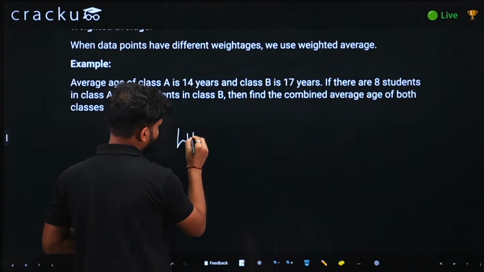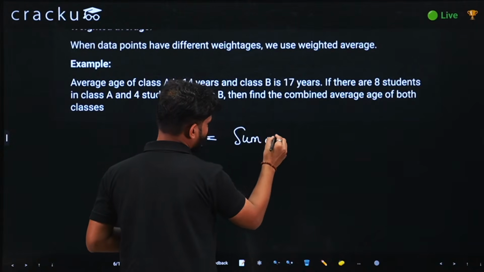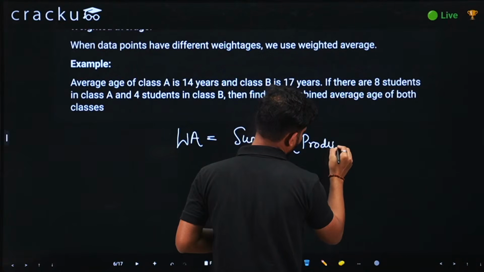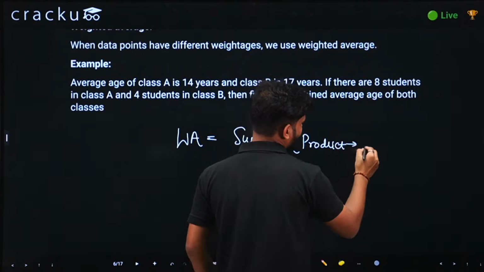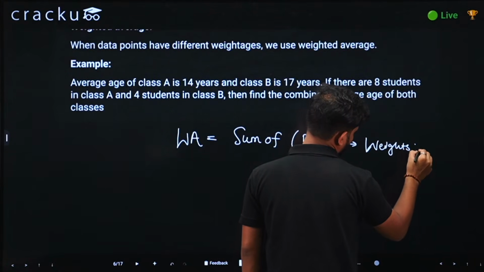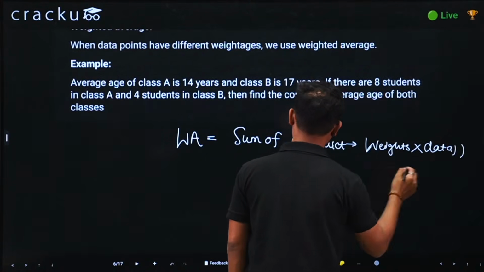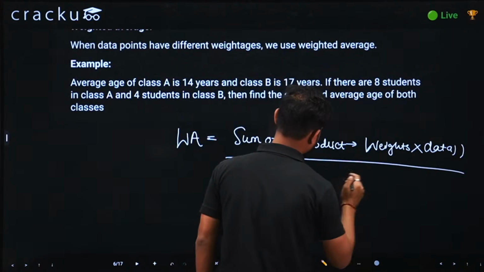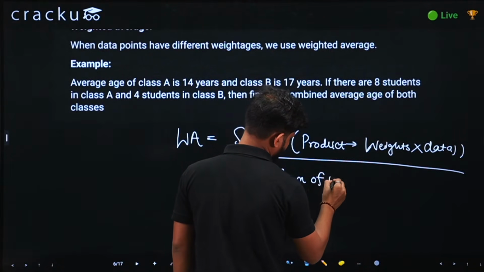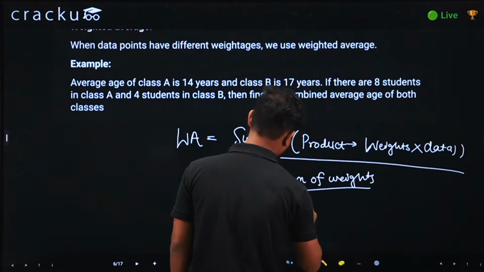Weighted average is nothing but the sum of the product of weights into the data points, divided by the sum of weights. This is as easy as possible a definition of weighted average.